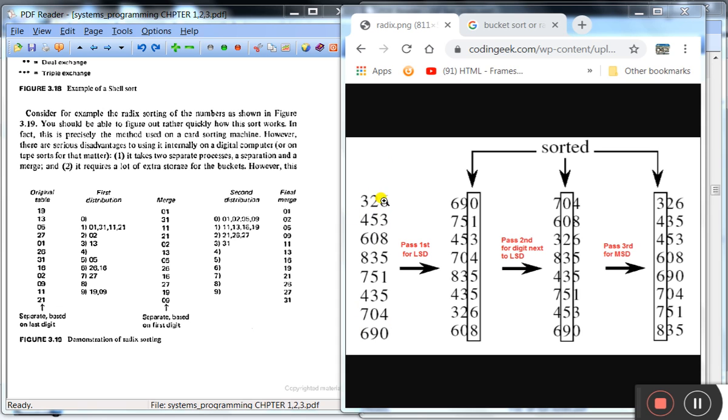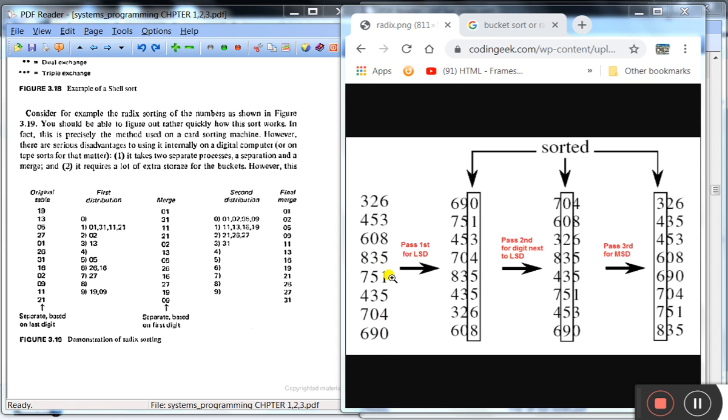We consider the first column, that is the least significant digit. In this we check for 0 first. Here 0 is there, so this element is put first. Next we check for 1. Here 1 is there, 751 is kept. Then we check for 2.